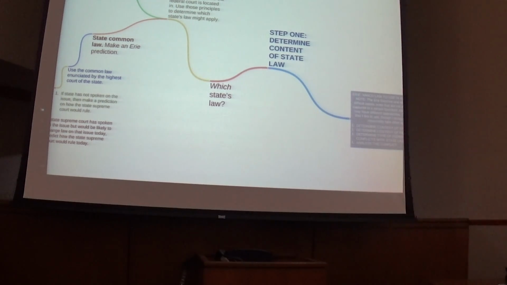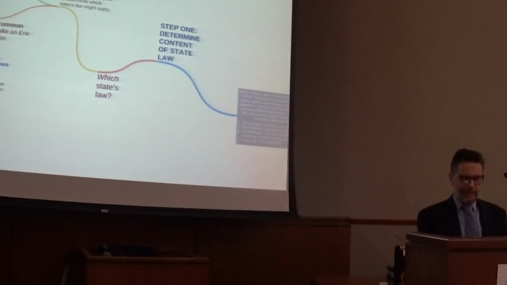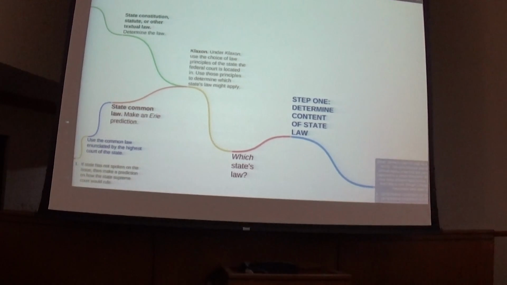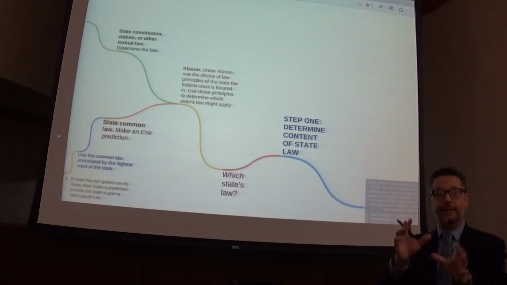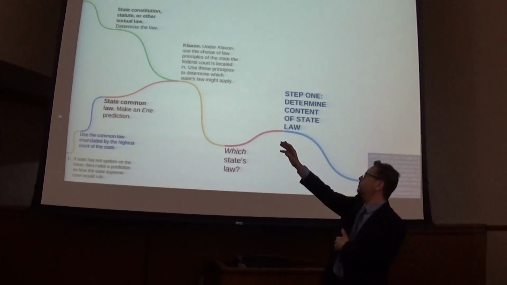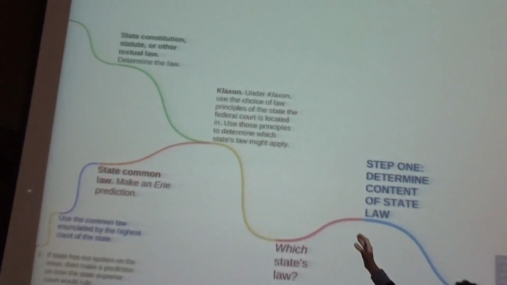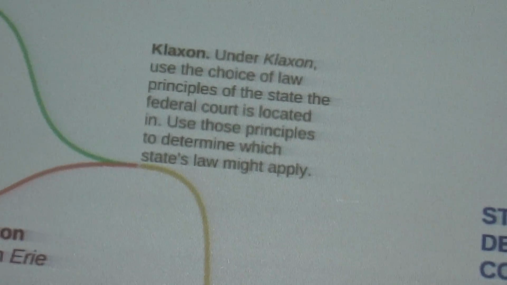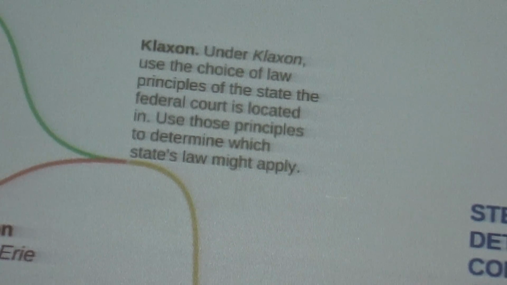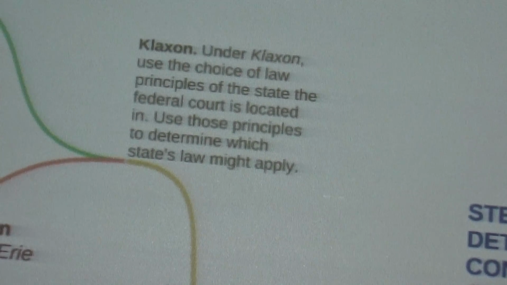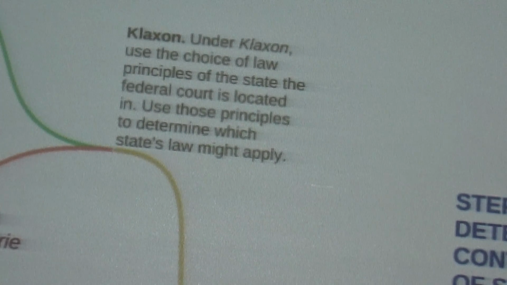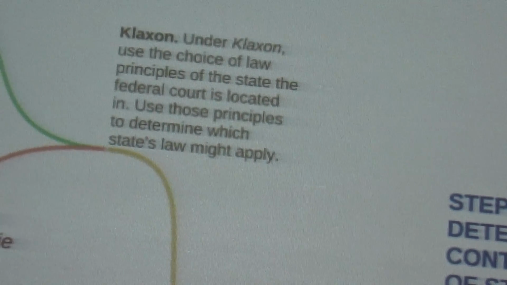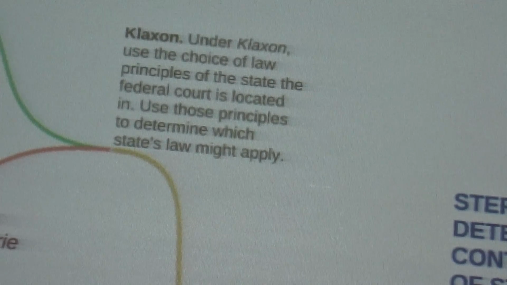So the first step, under step 1, is to apply Klaxon. Klaxon tells us that, and if you want, Ashley, please go ahead and zoom right in on the language, as it may be more important than what I'm saying in my face. Under Klaxon, what you do is use the choice of law principles of the state in which the federal court sits.